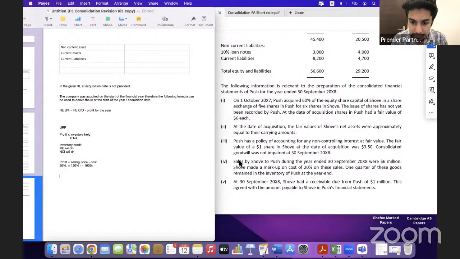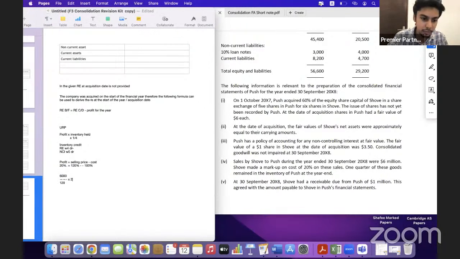Now, what do you do? They have given sales of 6 million, that's the selling price. Selling price is indicated by 120%, no, guys? So, divide this by 120 and multiply this by how much? 20. Why are we multiplying by 20? Because you need the profit.